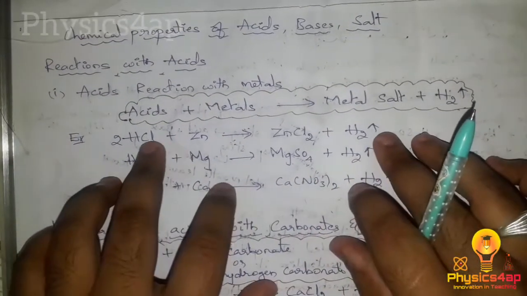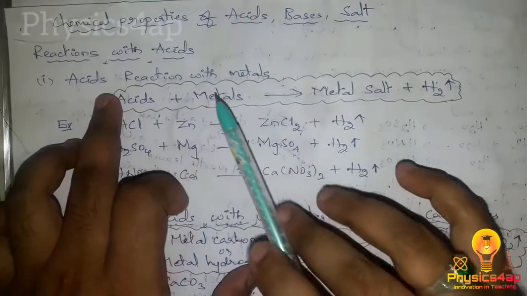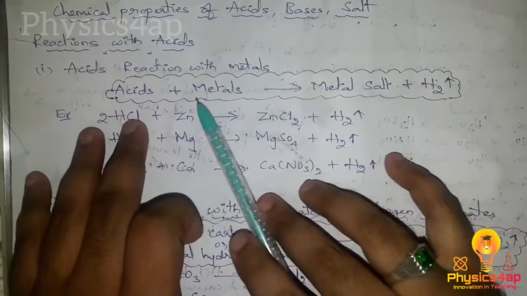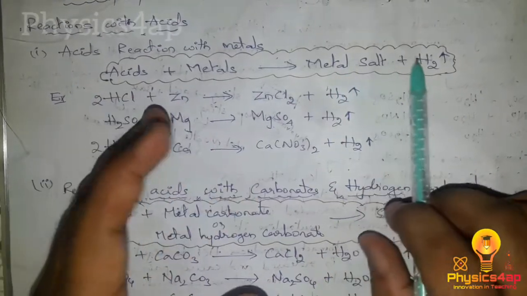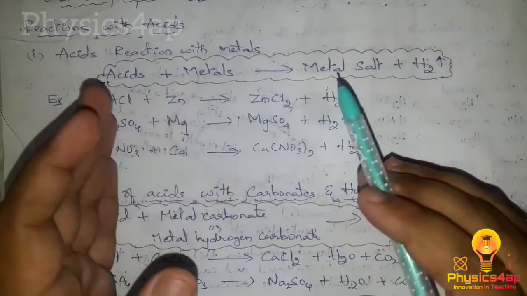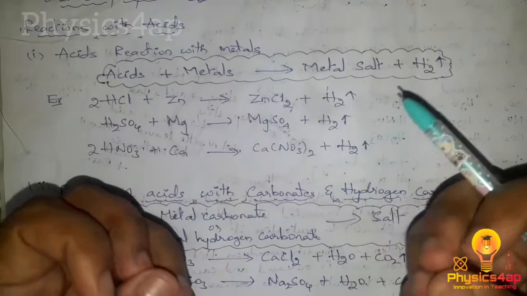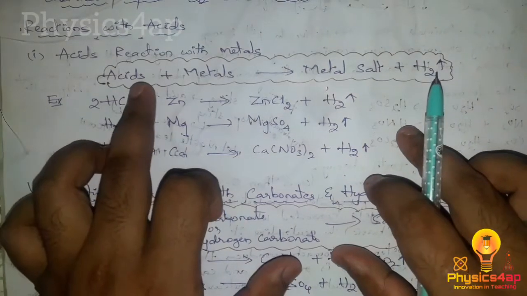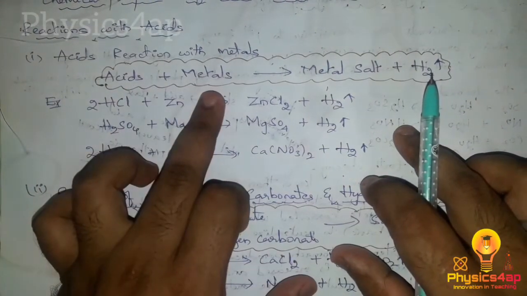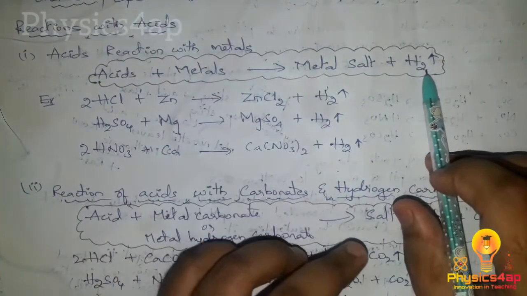So now we go into the reaction of acids with metals. When acids react with metals, we get salt plus hydrogen gas. We have seen in the video that we get a pop sound; that is a gas released when there is a reaction of acids and metals, and it is hydrogen gas.